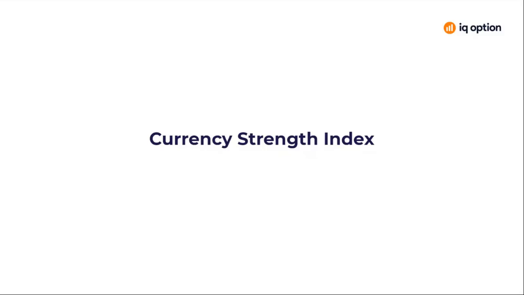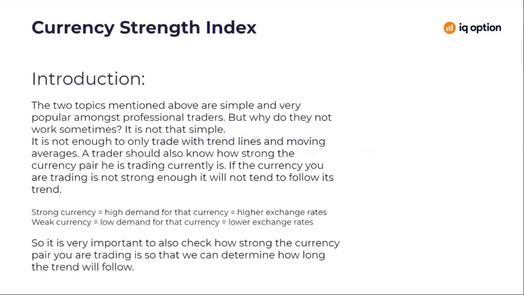Now, most of you already know how to trade reversals, how to trade retracements, and you've tried it at some point. But why doesn't it work? The main reason why it doesn't work is because it's really not that simple.